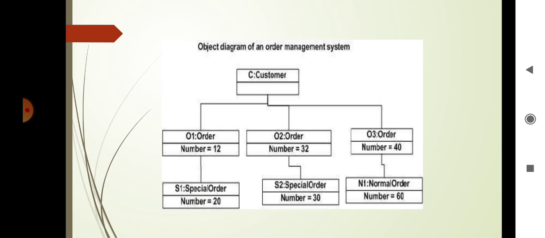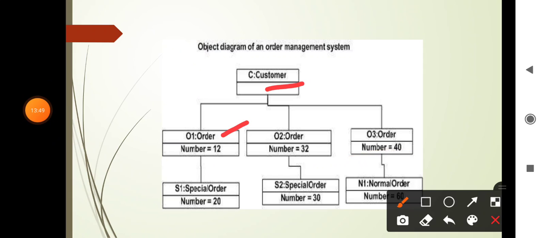Then an example of an object diagram for an order management system. It represents the order management system, and the diagram is an instance of the system at a particular time of purchase. It has the following objects: customer, order, special order and normal order.